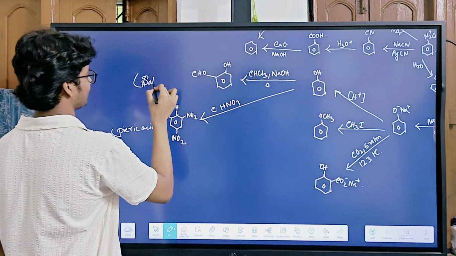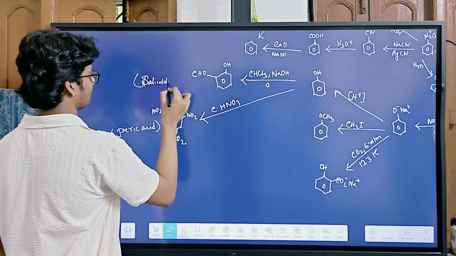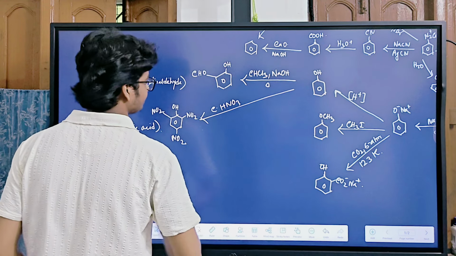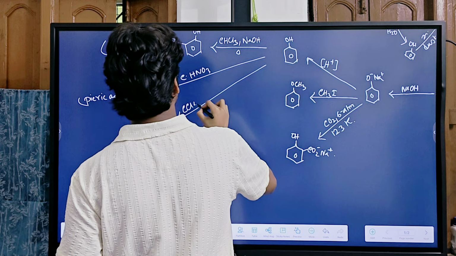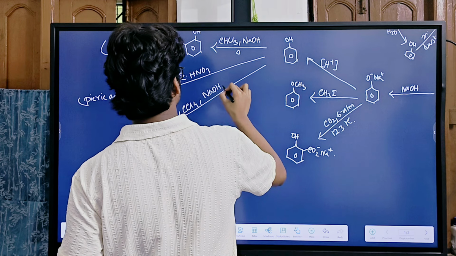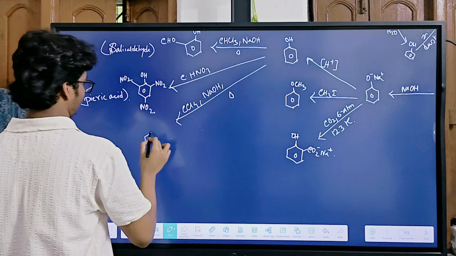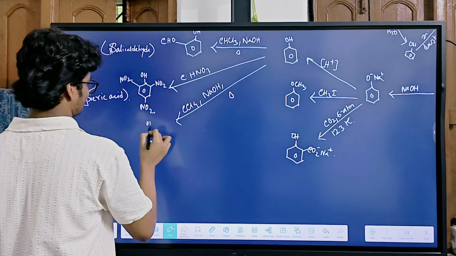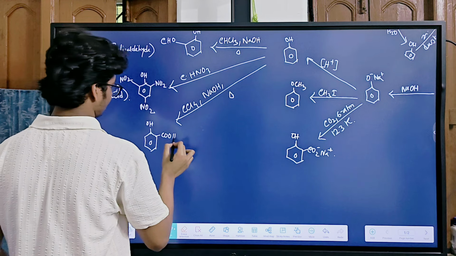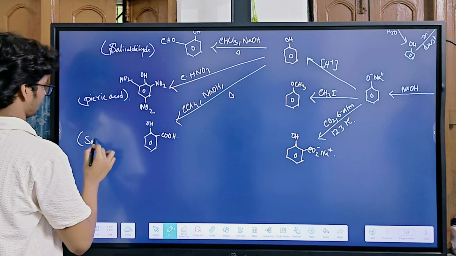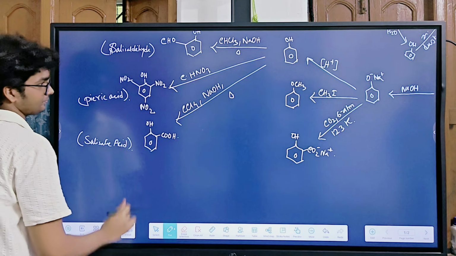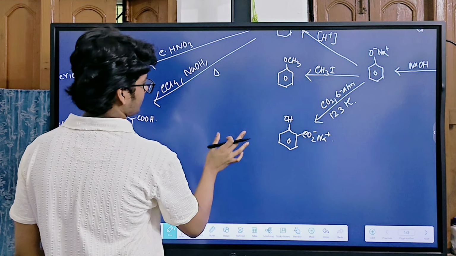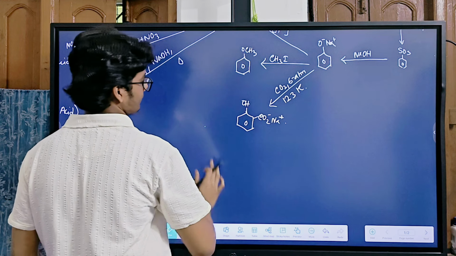This is salicylaldehyde. Now this one reacting with CCl4 and NaOH with heat will form salicylic acid. In this regard, we have two more reactions over here.